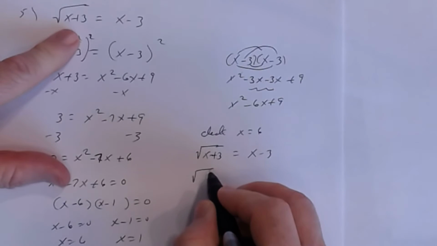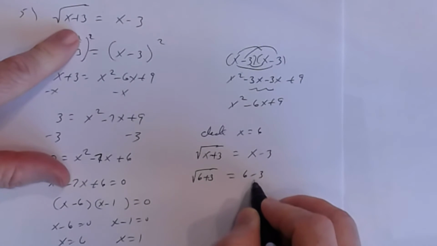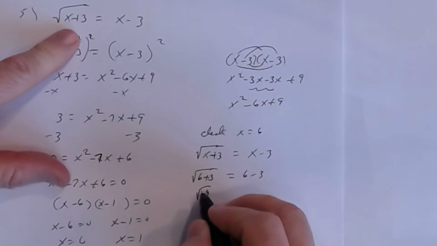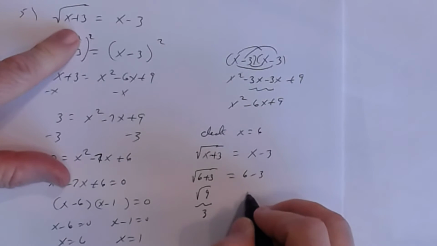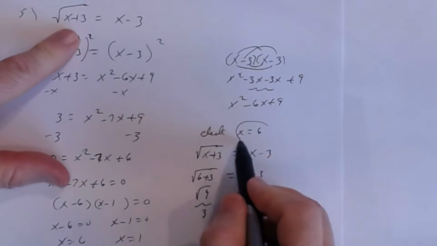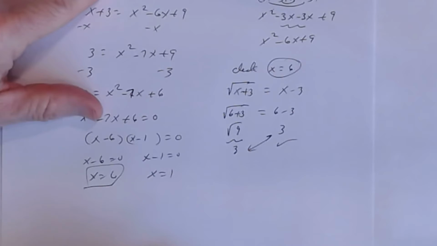And so I get the square root of 6 plus 3. And on this side, I get 6 minus 3. 6 plus 3 is 9, right? So we have the square root of 9, and the square root of 9 is 3. On this side, I have 6 minus 3, and notice those are equal. So x equals 6 is going to be a solution. So I'm going to go ahead and circle that one.